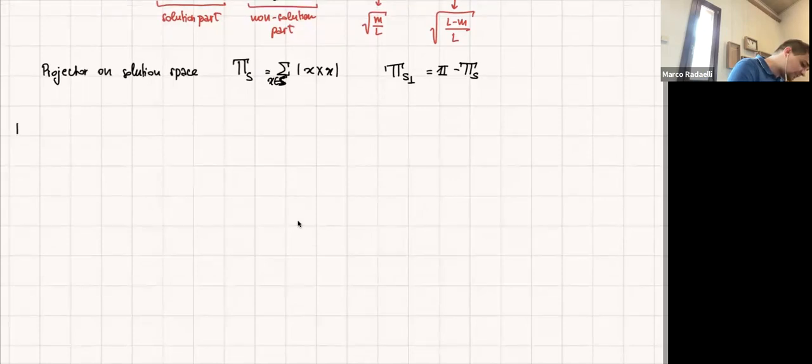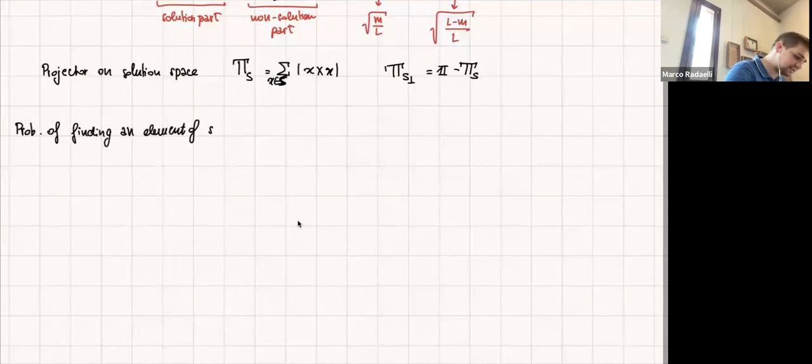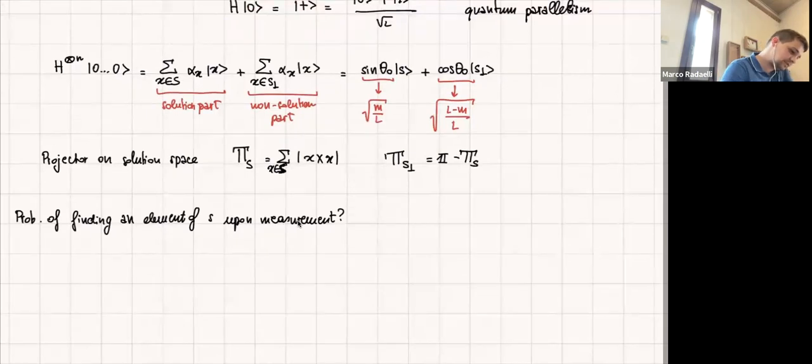So what's the probability of finding an element of S upon measurement? Any clues? Any ideas? I have this state here, or this state here, if you prefer. What's the probability of finding an object which belongs to S? Any clues?